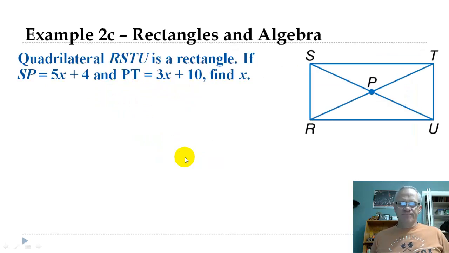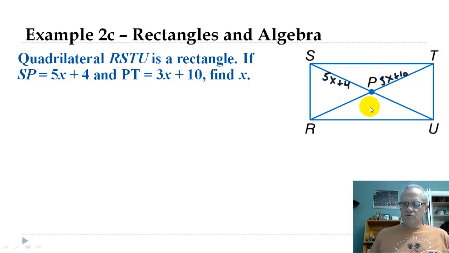How about this one? Now we're talking about the side. SP is this part of the diagonal here, so it's 5x plus 4. And PT is this one over here, 3x plus 10. What could we do there? Well, remember, since the diagonals are congruent, each half of each diagonal is congruent as well.